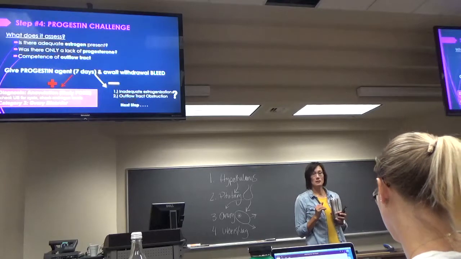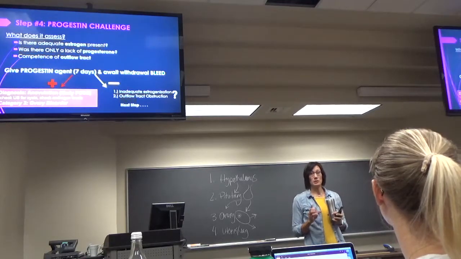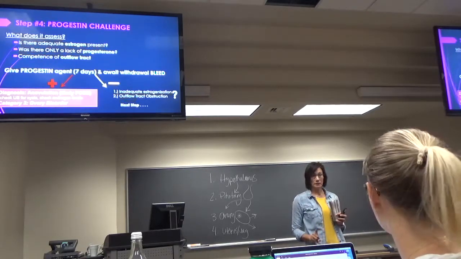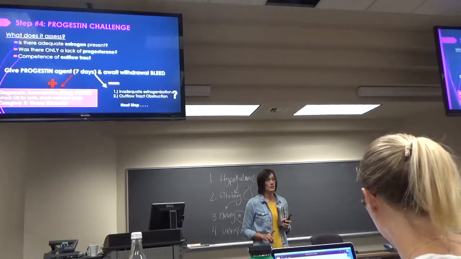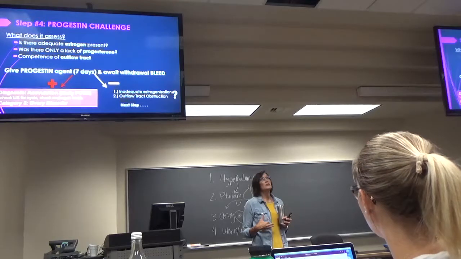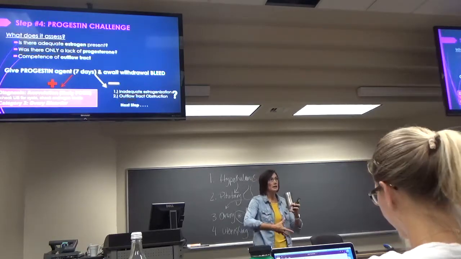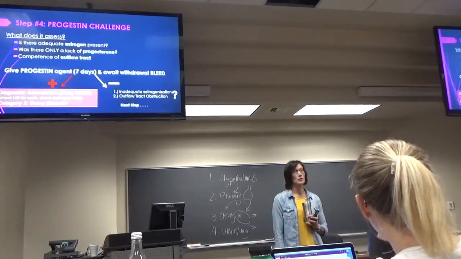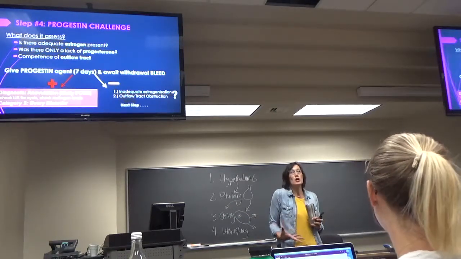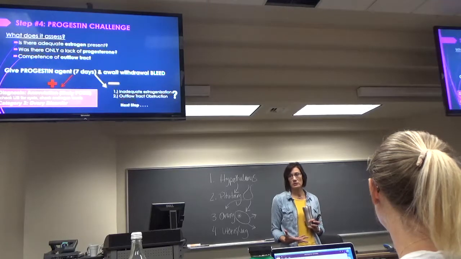So if she bleeds in response to it, it means, number one, estrogen is there. She doesn't need exogenous estrogen. There's estrogen present, but she is not forming that corpus luteum and not having that normal cycle, okay? So you know she's not ovulating, it's anovulation.